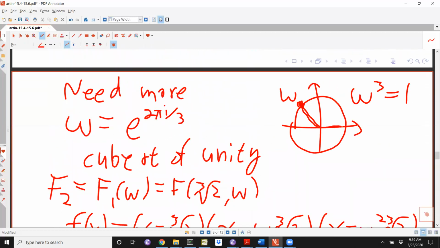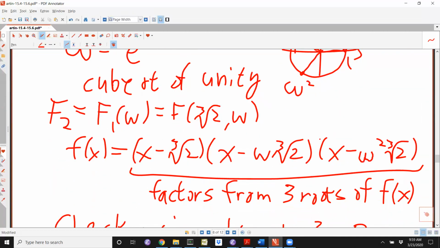One good way of thinking about this geometrically is that if you look at 1, omega, and omega squared on the unit circle in the complex plane, their center of gravity is 0, so their average value is 0, which means that their sum is 0.